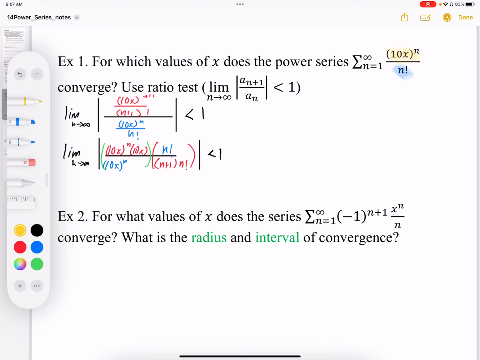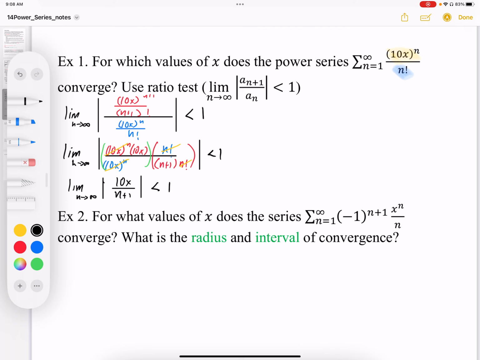So lots of things are going to cancel out here. We have 10x to the power n's cancel out, n factorials cancel out. So we end up with this limit, the limit as n approaches infinity of 10x over n plus 1. And this needs to be less than 1.